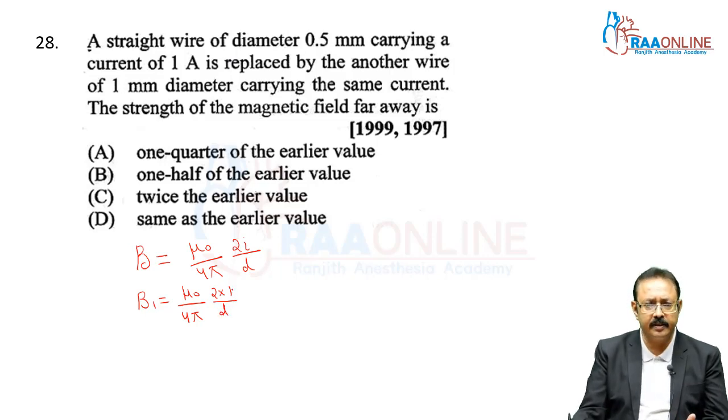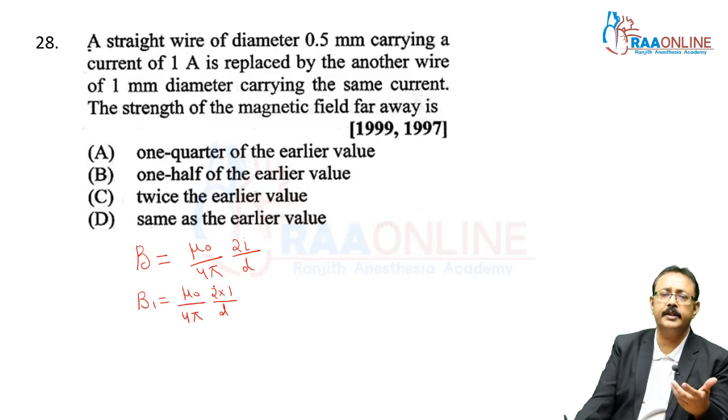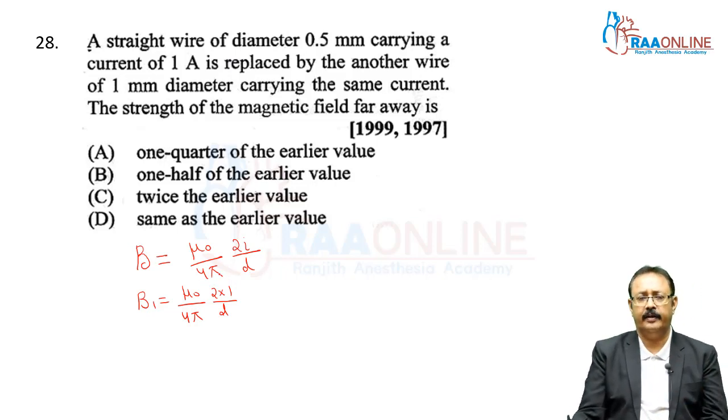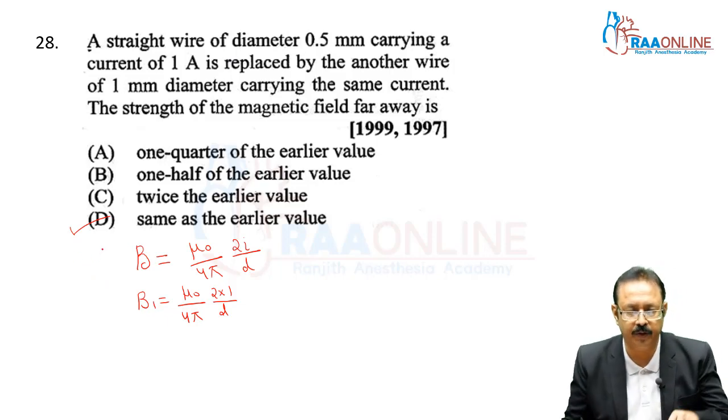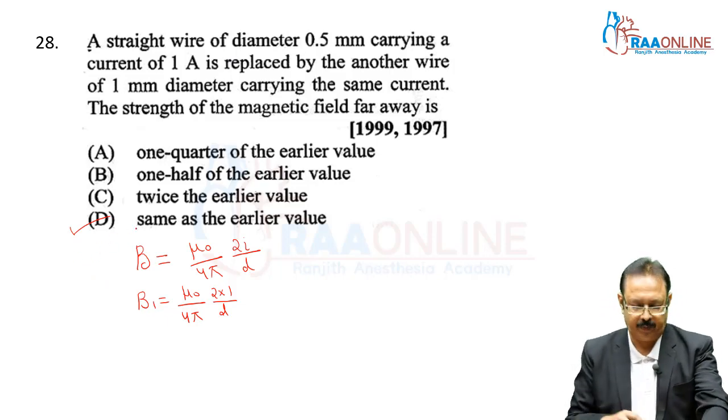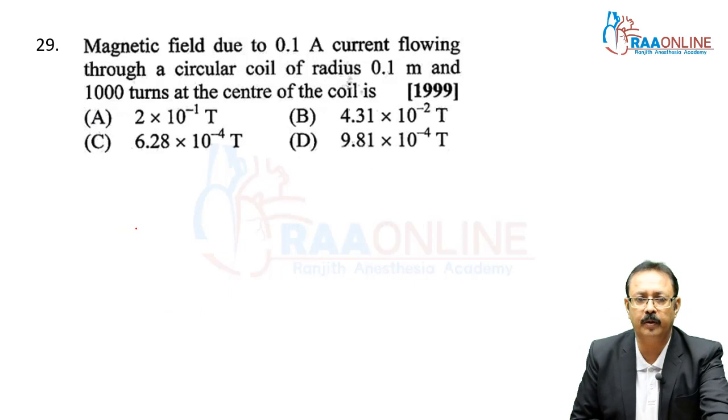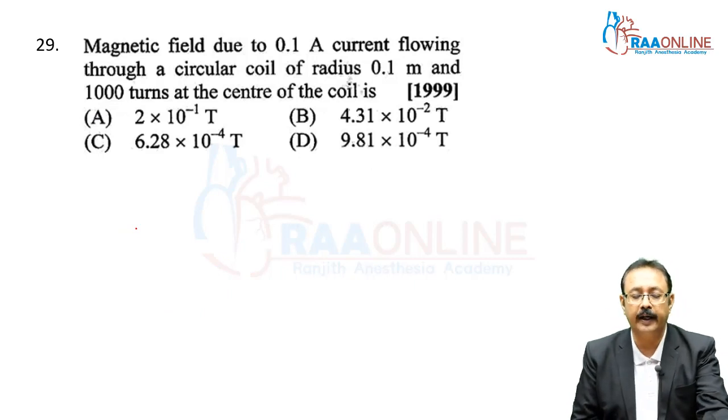In both cases, they are only changing the diameter of wire, and in formula there is no role of diameter. It depends upon only current and distance of the point. So no change should be there. So we are going with D only. So 28th D.